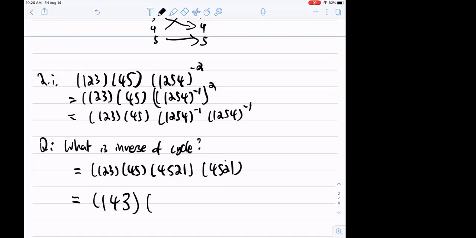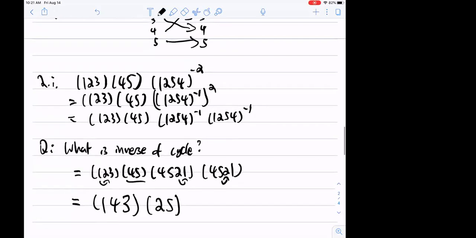So here 2 goes to 1, 1 goes to 4, 4 goes to 5. So 2 goes to 5, and 5 should go back to 2, but let's check it. So 5 goes to 2, 2 goes to 1, and then there's no 1 here, and then 1 goes to 2. So this is the answer.